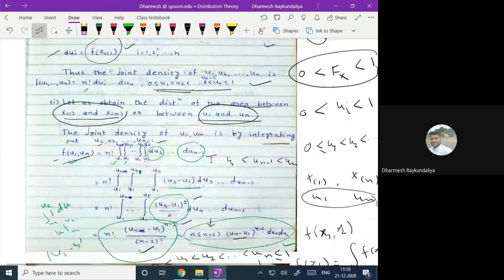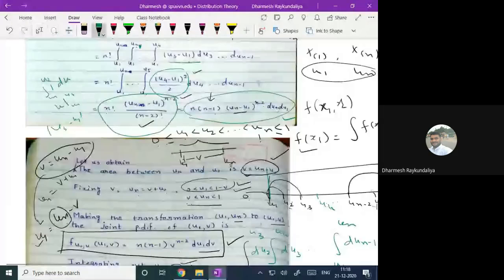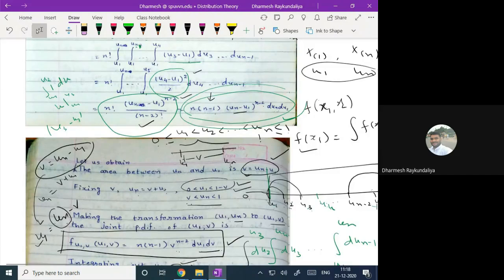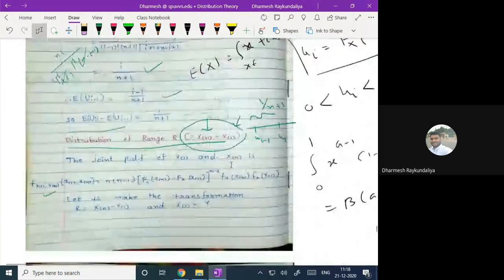It is n into n minus 1 into un minus u1 raised to n minus 2. So that is what here we have.